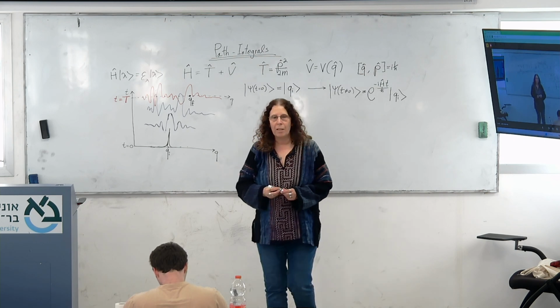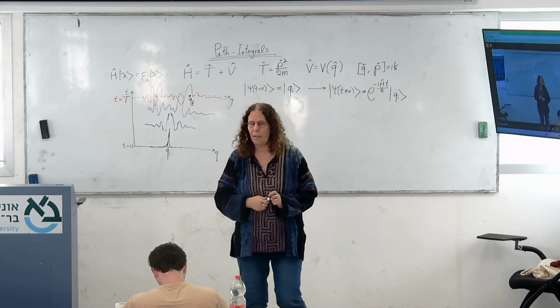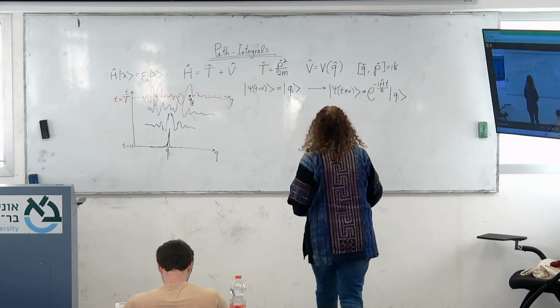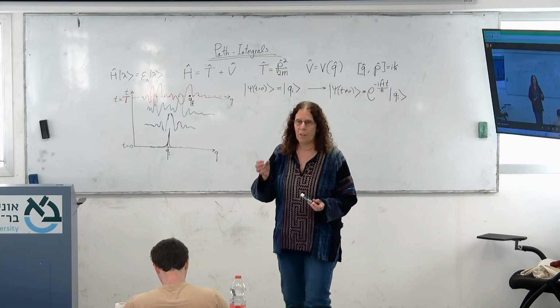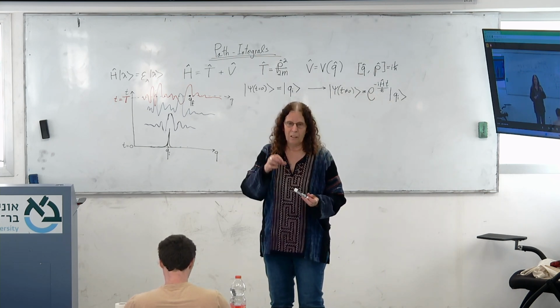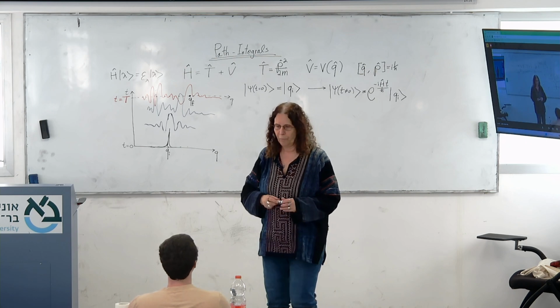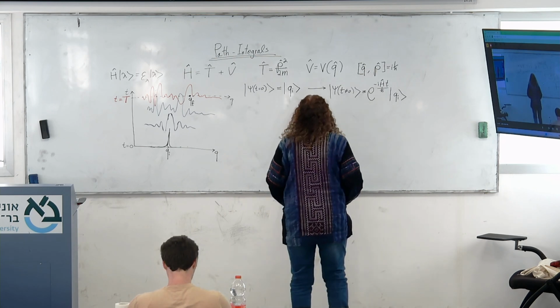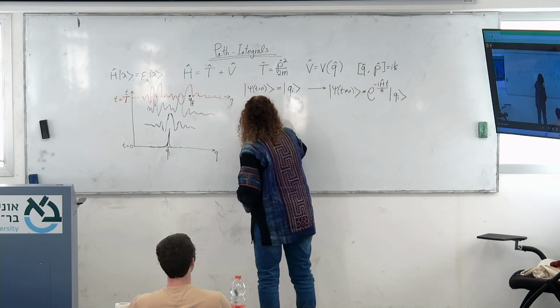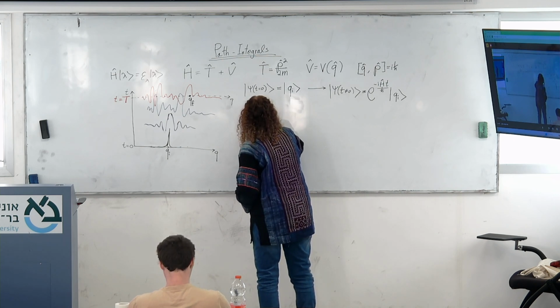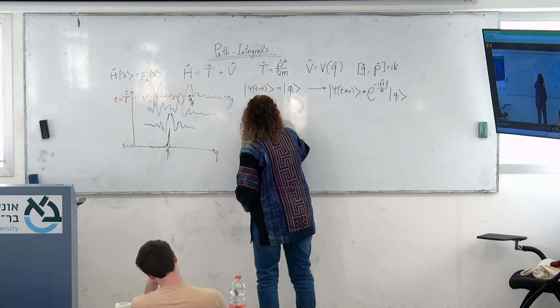Okay? What does it mean to make a measurement? I take the final state, which is psi of t, and I project it on a state with a well-defined coordinate qf. Okay? And the amplitude for, let me write it like this.